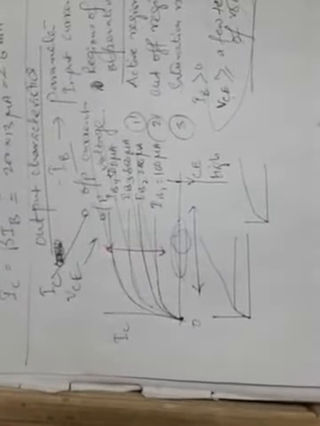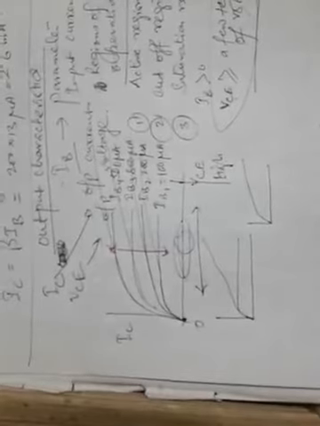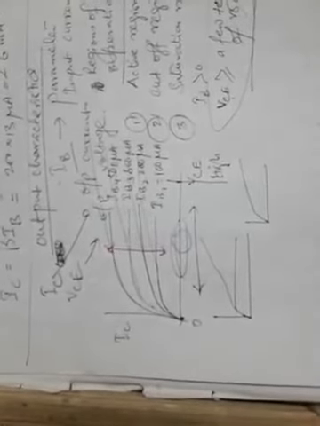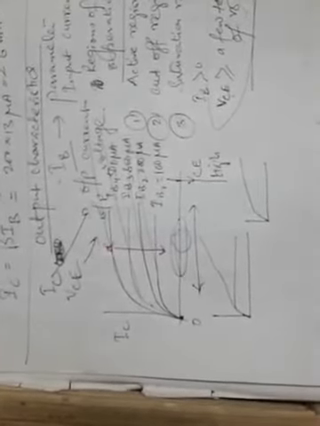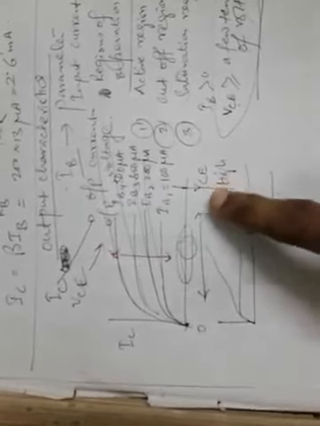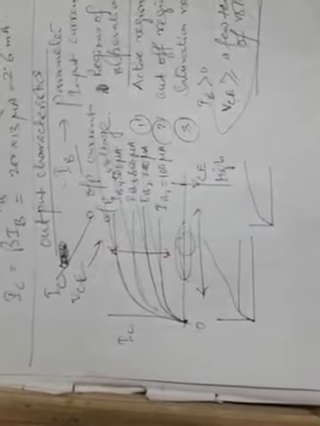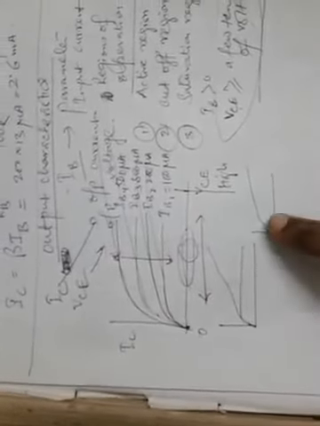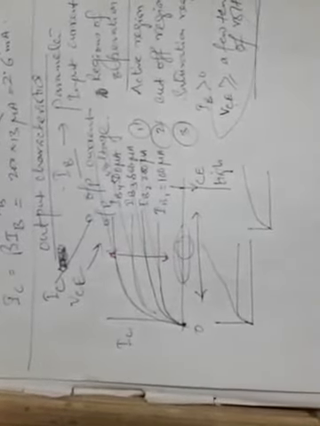This is because for a fixed value of base current IB, the magnitude of collector current increases with VCE, since there is still scope for collector current to increase with increasing VCE.